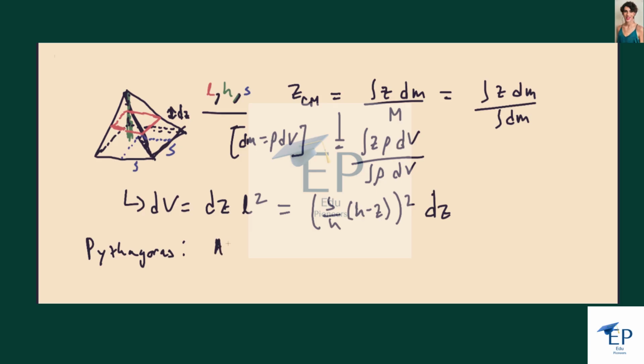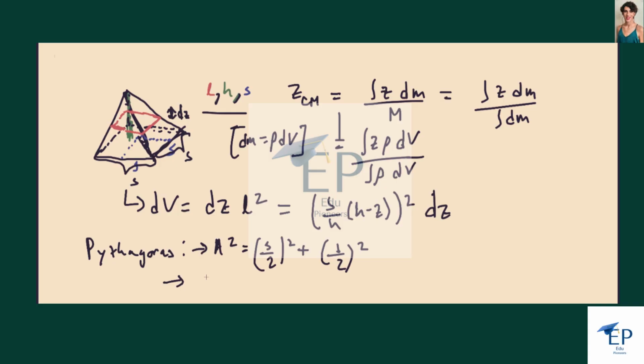So A squared will be, well, S is the whole side, right? So S is the whole side, which means A squared will be S over 2 squared plus S over 2 squared. Okay, why do we care about A squared? Because we want to use the Pythagoras theorem again, this time to find H squared.